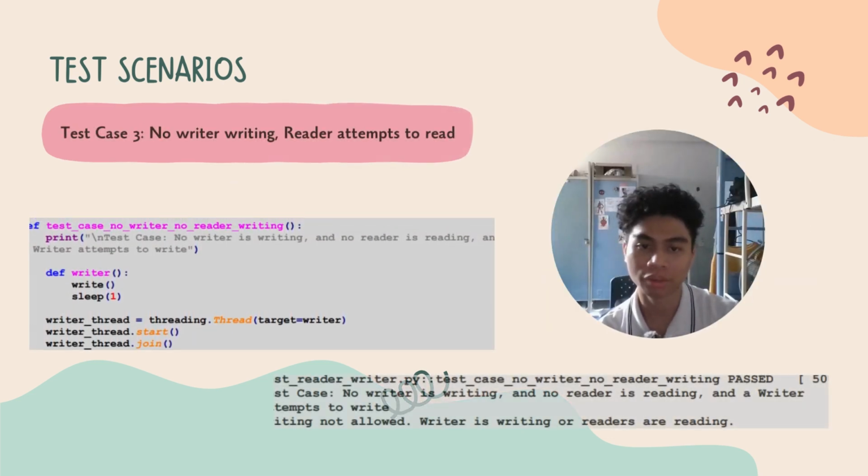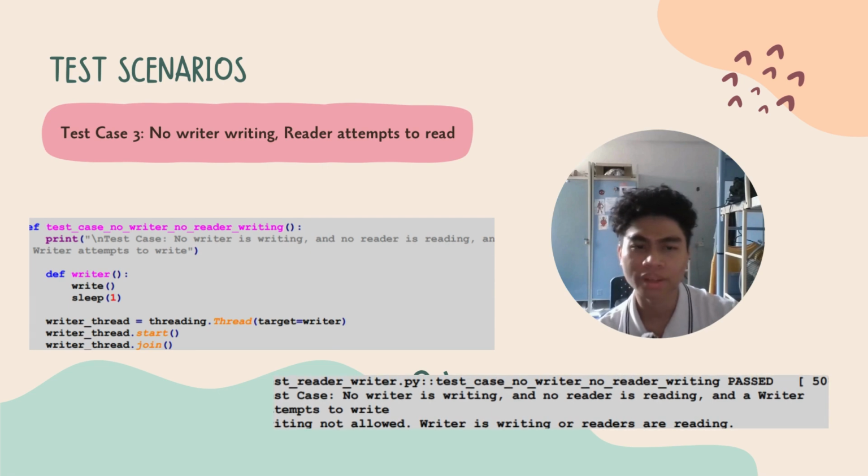Next, test case number 3. No writer is writing and no reader is reading, but a writer attempts to write. In this scenario, there are no readers or writers currently accessing the file. When a writer tries to write, the system checks if any readers are reading or if another writer is waiting to write.